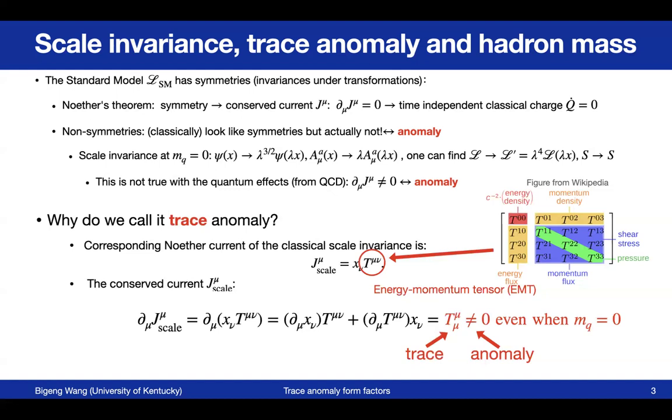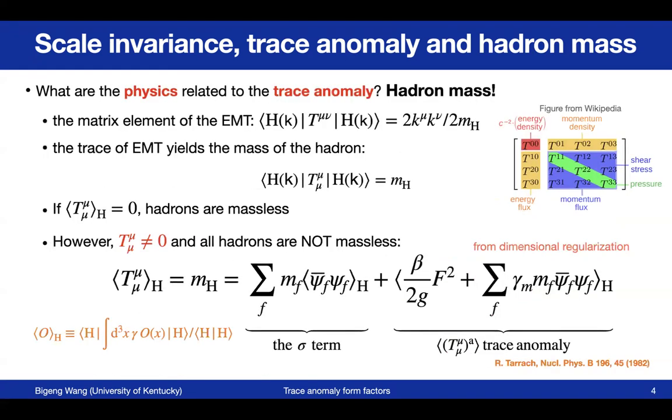But what is the physics related to the trace anomaly induced by the QCD effect? The physics is the hadron mass. If we look at the matrix element of the energy momentum tensor and take the trace of it, the matrix element in the forward limit should equal the mass of the hadron. If this matrix element were zero, all hadrons would be massless.